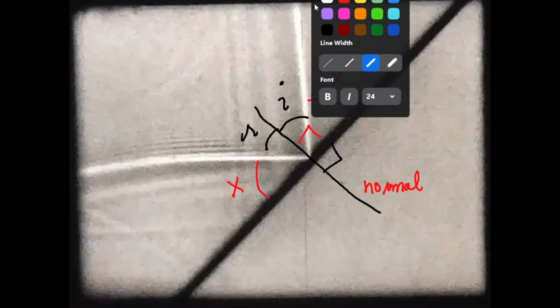This one would be my angle of incidence, and this one would be my angle of reflection. The concept that you measure the angle with the surface is wrong. You will not measure the angles with the surface, you will measure them with the normal. That is why we are drawing the normal. The normal makes an angle of 90 degrees with the surface. I've drawn it over here so that I have some space to draw these angles, otherwise it would be on the same side. Is this clear now? Yes.